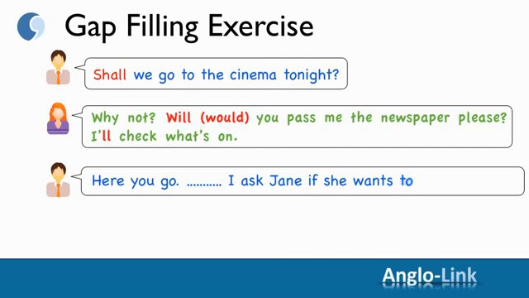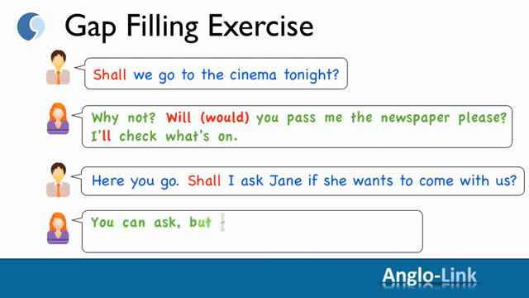Here you go. I asked Jane if she wants to come with us. Shall I ask Jane if she wants to come with us? You can ask, but I don't think she come.